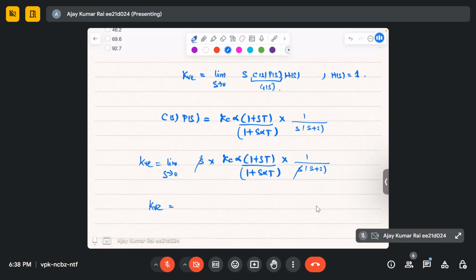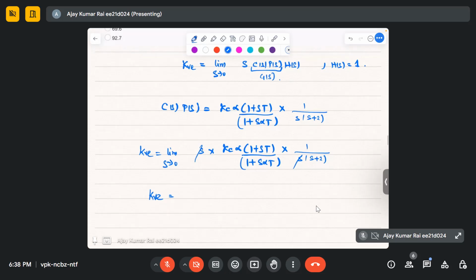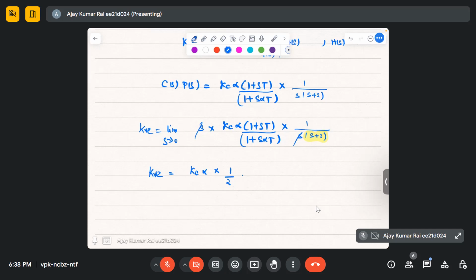So Kv, if you apply the limit s tends to 0, the s terms become 0. So you'll be left with Kc into alpha into, you see, this term will be remaining because s is equal to 0, and 0 plus 2. So this is 1 by 2, right? Everything else becomes 0.